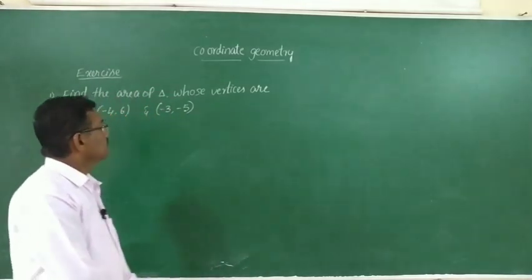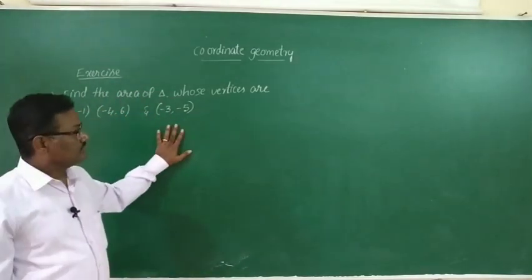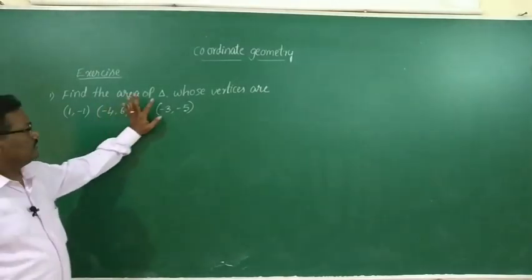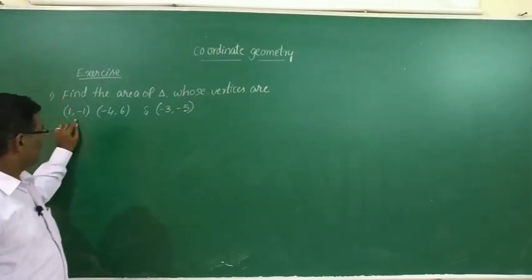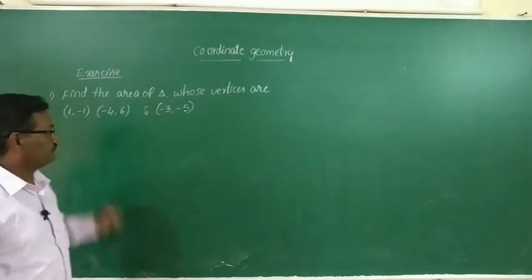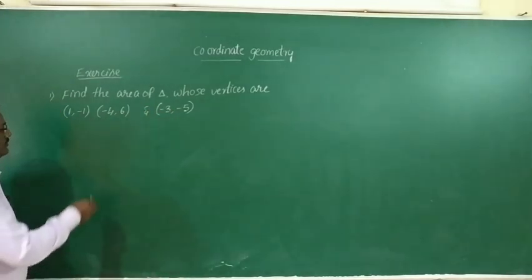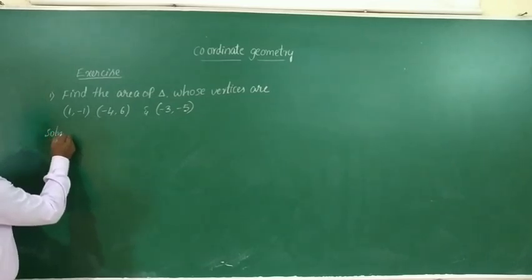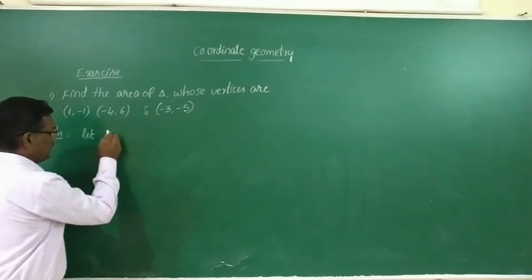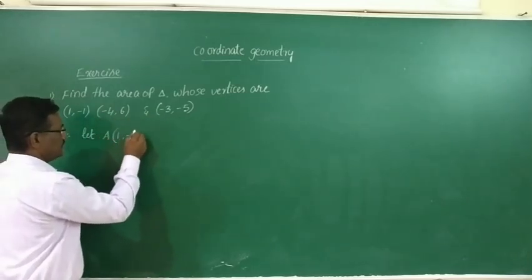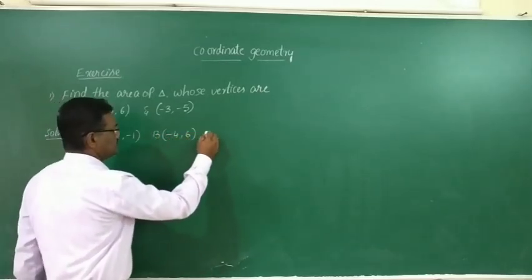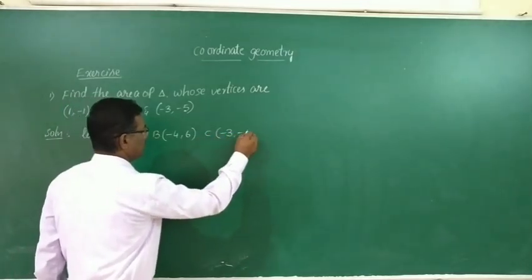Now let us see how to solve some problems regarding area of a triangle. Here, find the area of the triangle whose vertices are (1, minus 1), (minus 4, 6), (minus 3, minus 5). These are the 3 vertices given. So, solution: let us name these points A (1, minus 1), B (minus 4, 6), C (minus 3, minus 5).